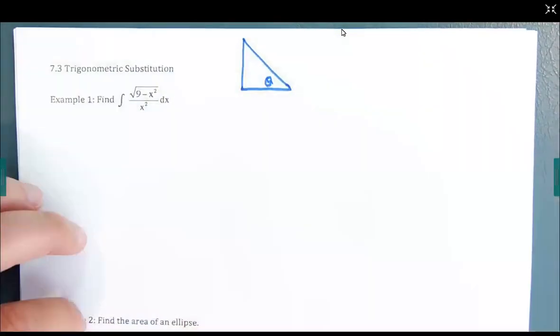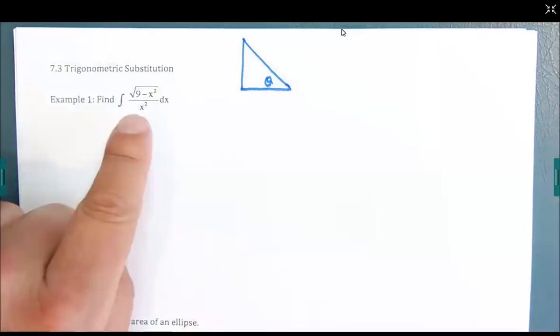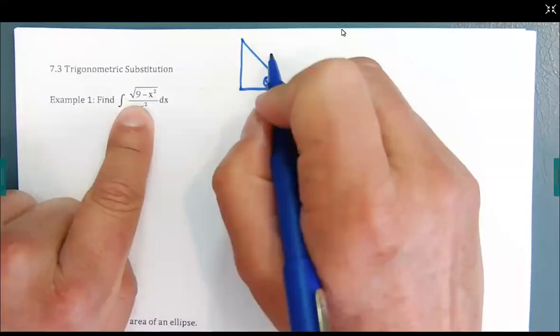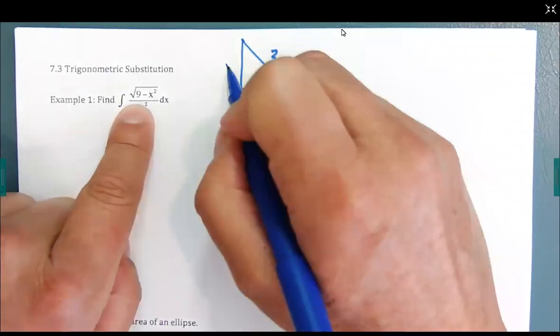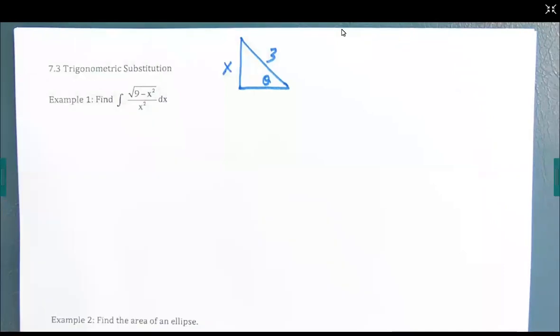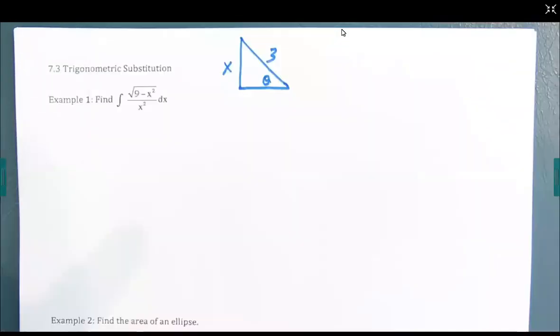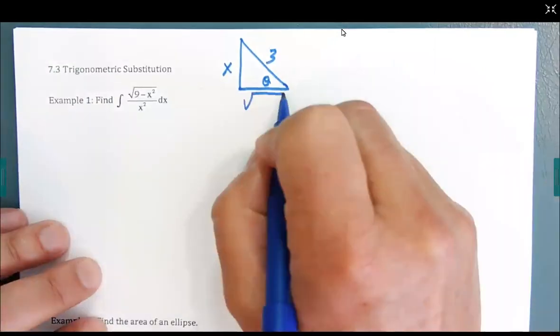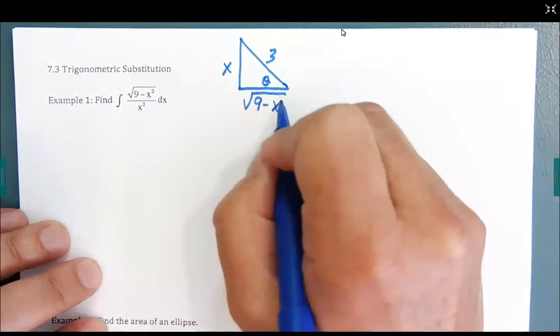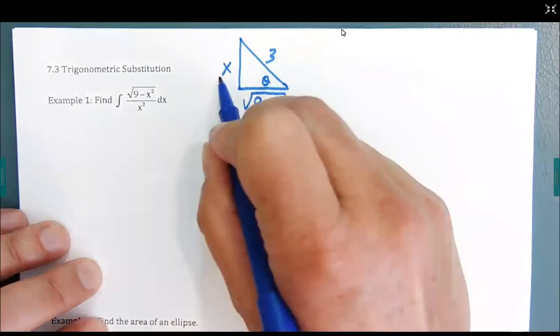Because it's minus, that means that this hypotenuse is 3, because 3 squared is 9. Then one of the legs is x. And then I'm going to rewrite it like this. This is now the square root of 9 minus x squared. Notice it's the hypotenuse squared minus the leg squared.